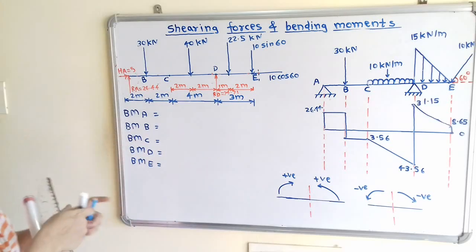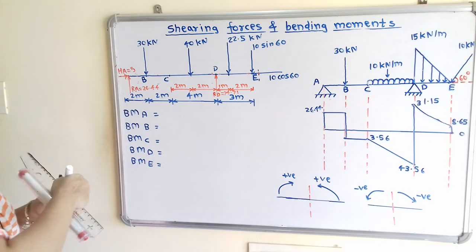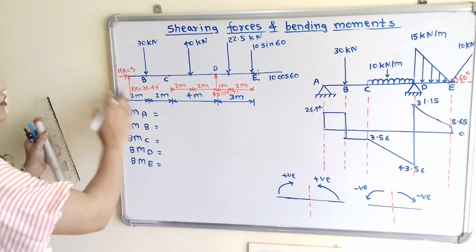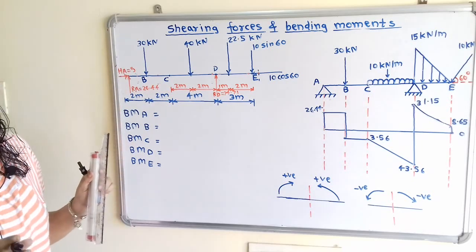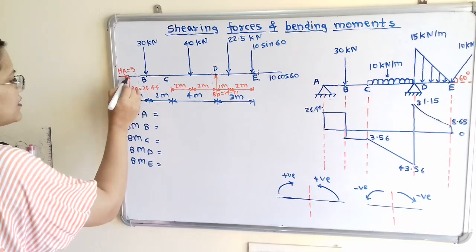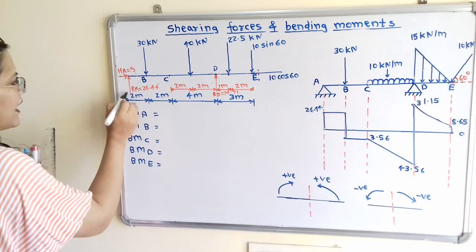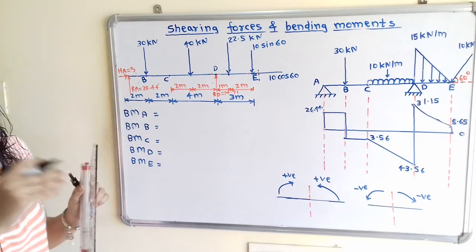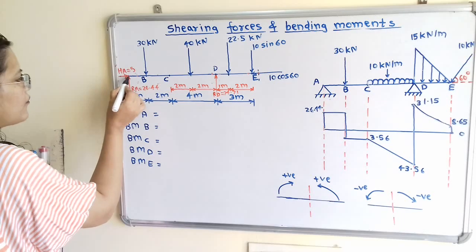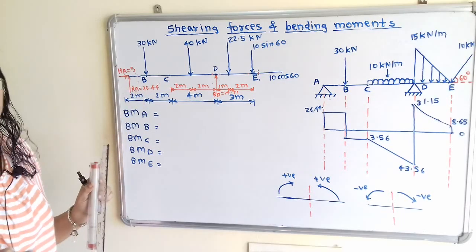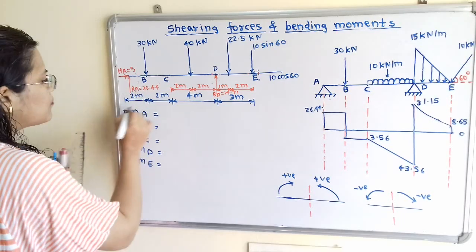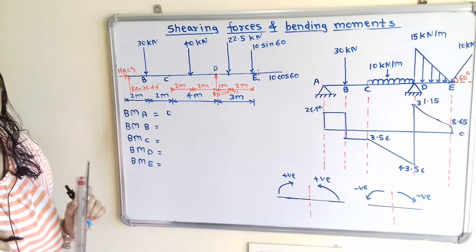So we will first consider the point A. Now if we observe on left hand side of the point A, there is no any force, and if we consider the force at the point A, that is RA, then the distance of this force from point A is equal to 0. So bending moment at point A is equal to 0.